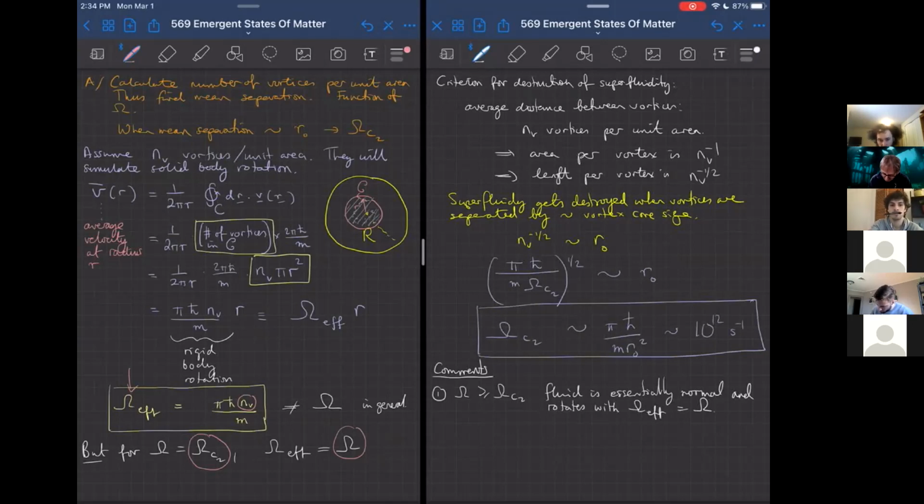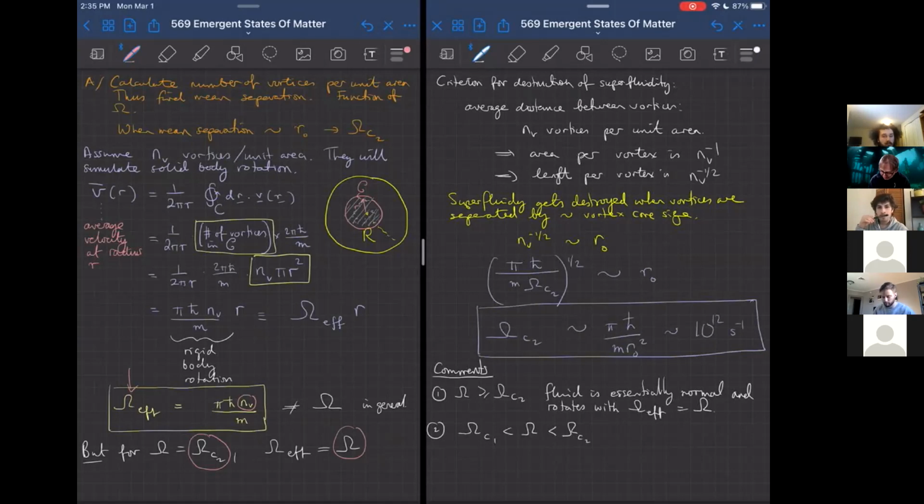What about when we're not in that regime? So we know that we need to have vortex matter. We have to be above the omega c1. So now we have omega c1 less than omega less than omega c2.